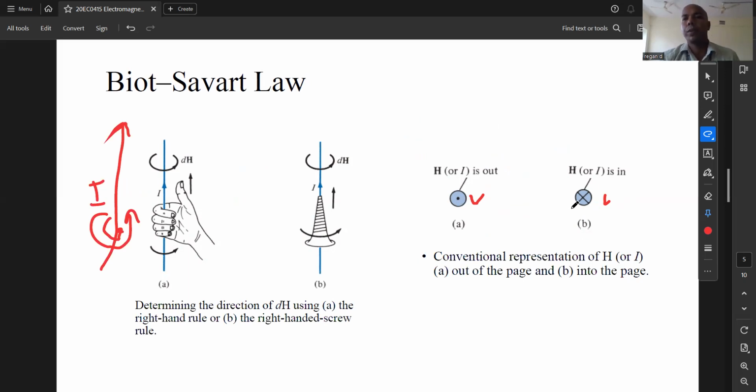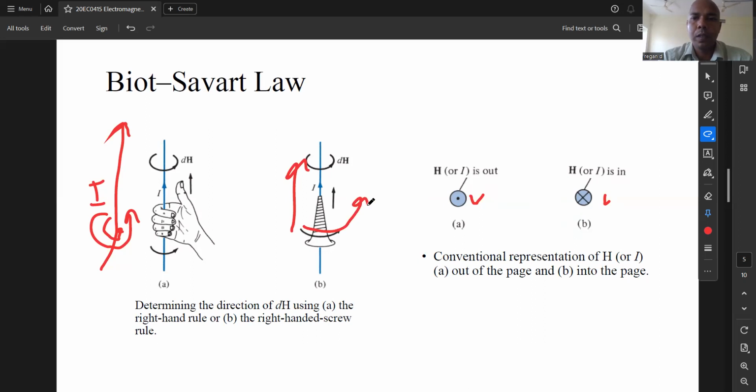That means if this is a current-carrying conductor, and current is flowing in the upward direction, then the magnetic field is in this direction.